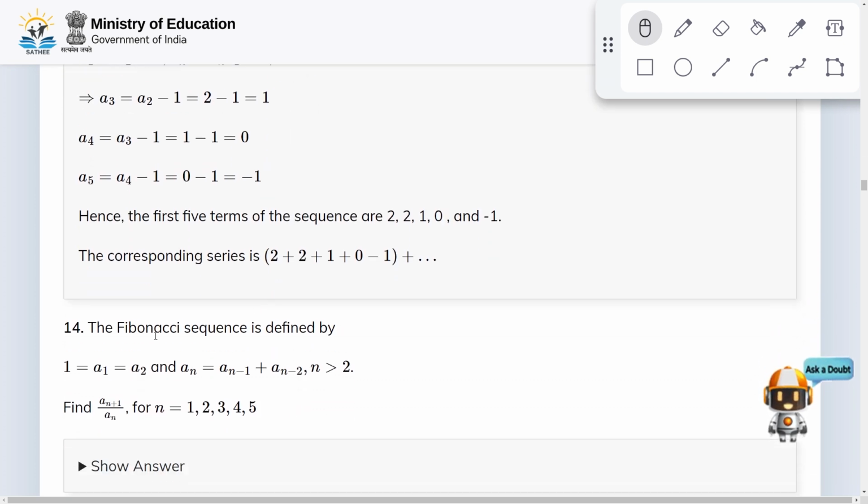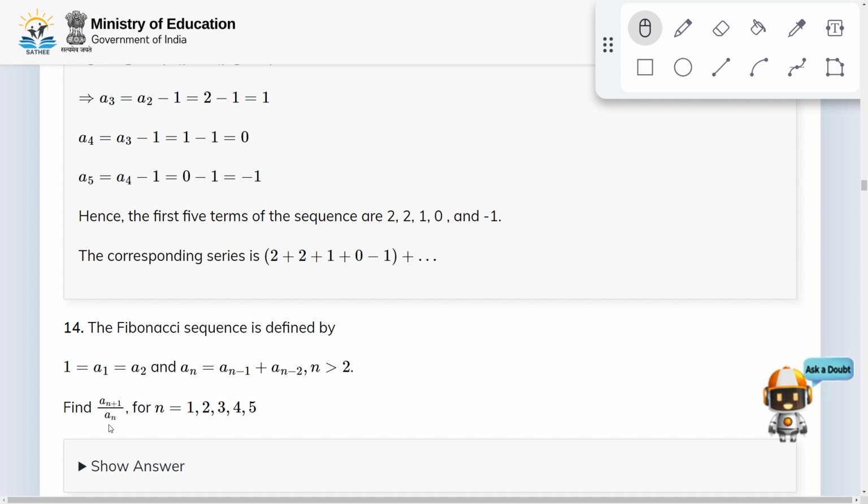The Fibonacci series. You have already seen what the Fibonacci sequence is. The first two terms are already defined as equal to 1, and the next terms follow this pattern: An is equal to An minus 1 plus An minus 2. So you have to find An plus 1 divided by An.